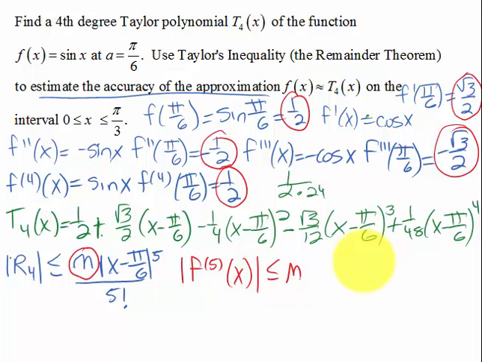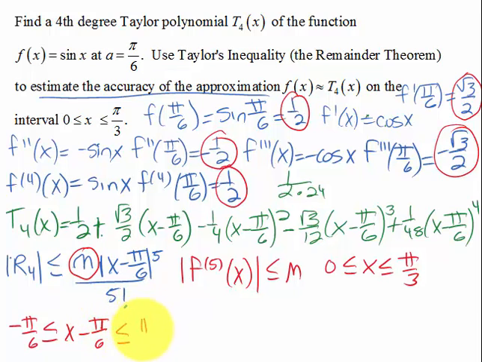And then the other thing is we're looking from 0 to pi over 3. So subtracting pi over 6 everywhere, we have negative pi over 6 less than or equal to x minus pi over 6, and that is less than or equal to pi over 6. So we could actually express that as the absolute value of x minus pi over 6 is less than or equal to pi over 6.